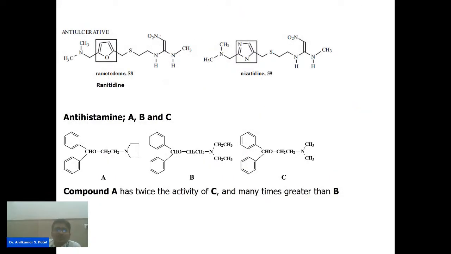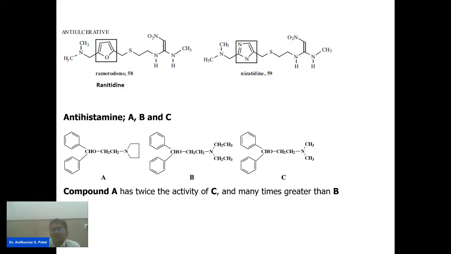Now another example is ranitidine. Here the furan is just replaced with imidazole, so it becomes nizatidine, and this molecule also has similar anti-ulcerative activity.